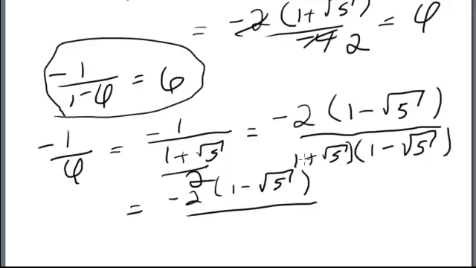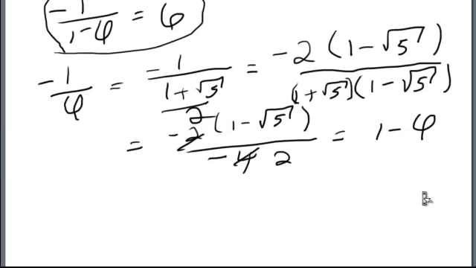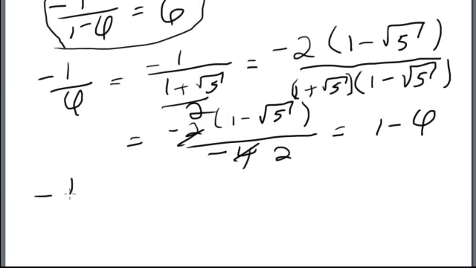The square root of 5 times 1 and the minus square root of 5 times 1 cancel out, and the square root of 5 times negative square root of 5 is negative 5, plus 1 is negative 4. This cancels out and leaves 2, so that's equal to 1 minus phi. So negative 1 over phi is equal to 1 minus phi.